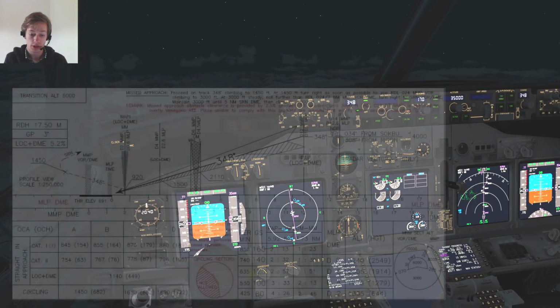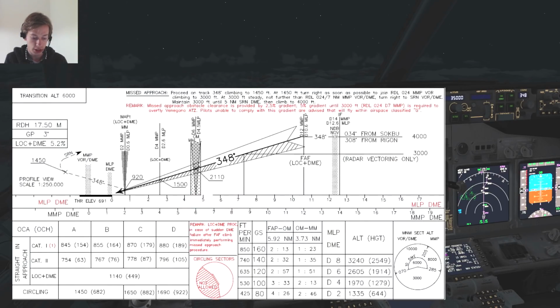And the descent is pretty much straightforward. We're just going to fly a standard 3-degree glide slope, it looks like, and we can set the minimums. As you can see here, obstacle clearance altitude and obstacle clearance height. Altitude is the missed approach altitude above mean sea level, and obstacle clearance height is the altitude above ground level. So those are two different things.